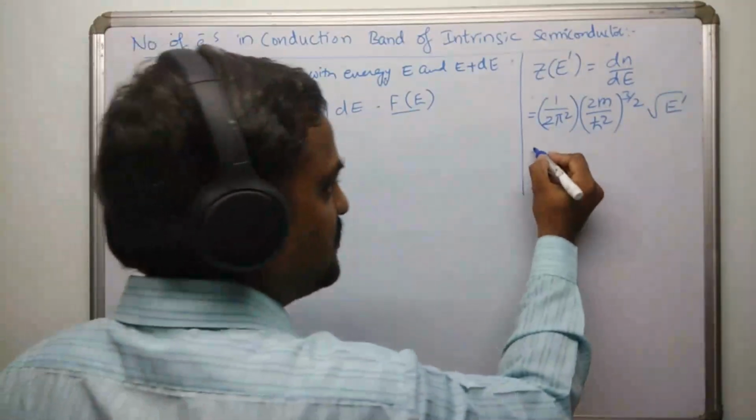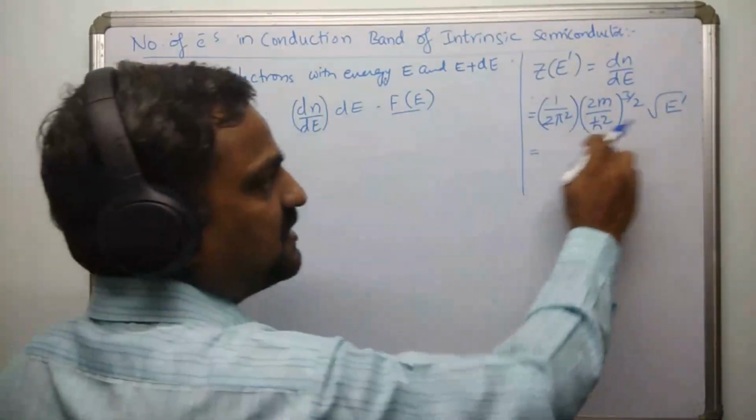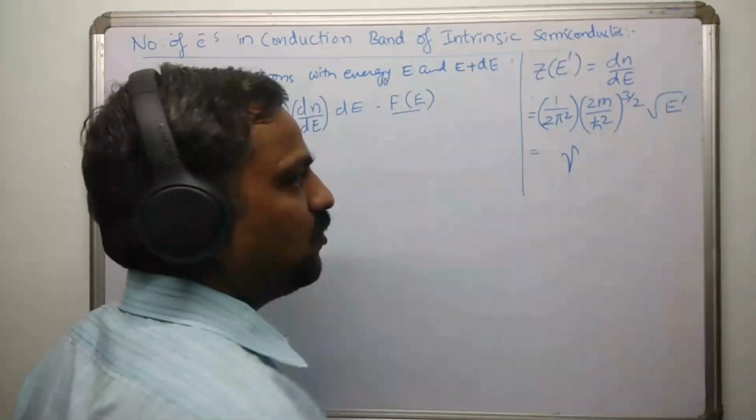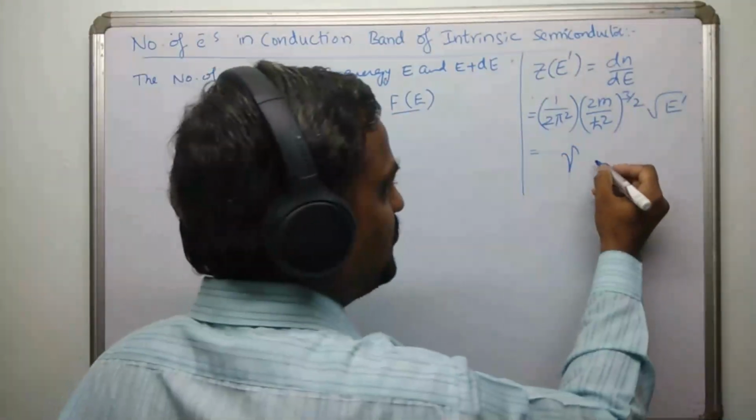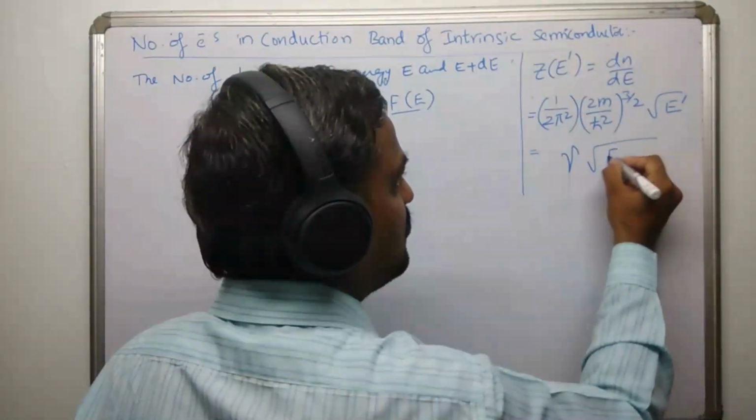I'll be calling this entire term some gamma, to avoid carrying this big expression everywhere. So this is going to be gamma times square root of E dash.